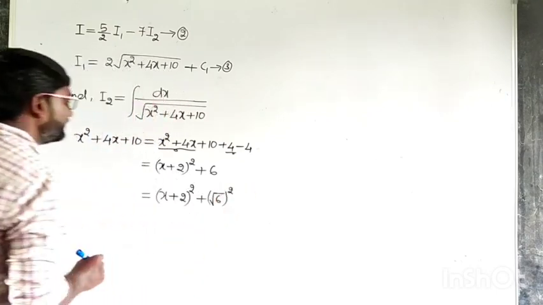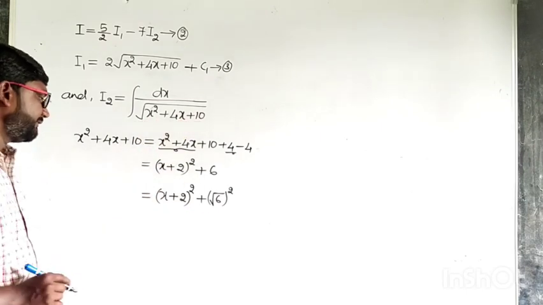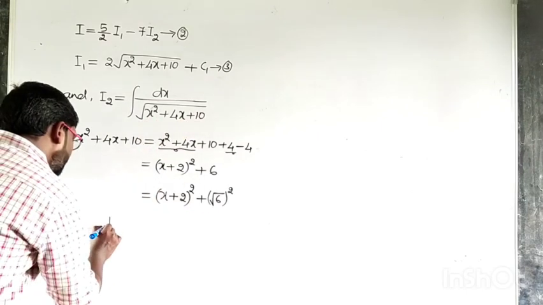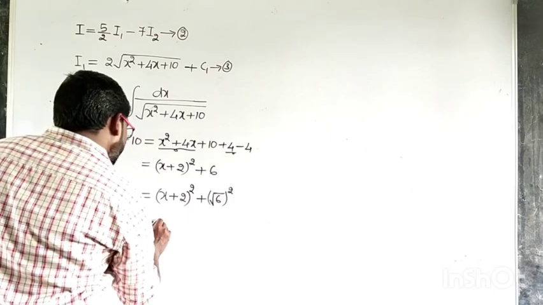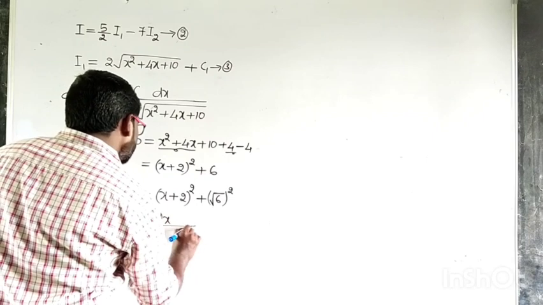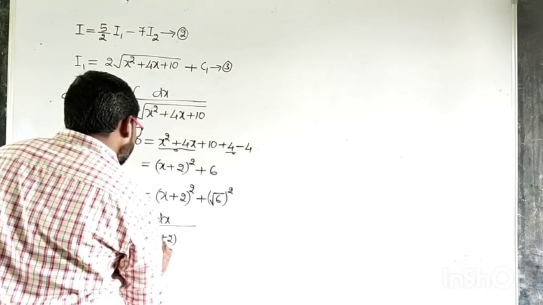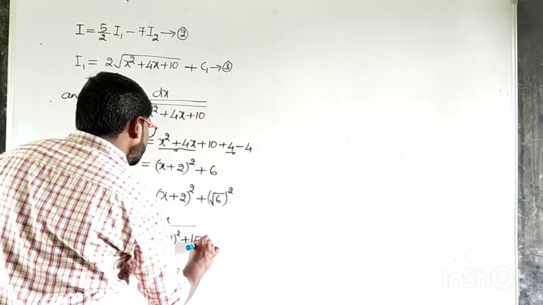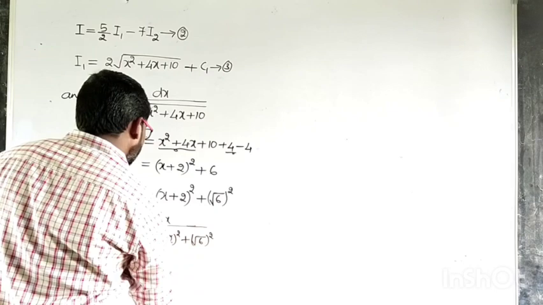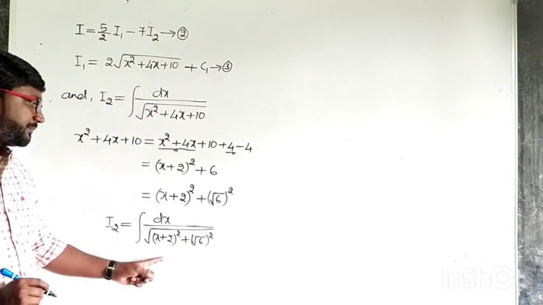So now we have to replace this quadratic polynomial by the standard form. So I2 is equal to the integral of dx upon square root of x plus 2 the whole square plus root 6 the whole square. Now this is in the form of integration of dx by square root of x square plus a square.